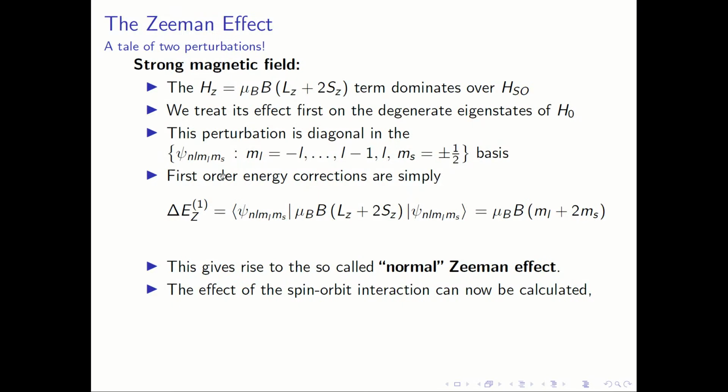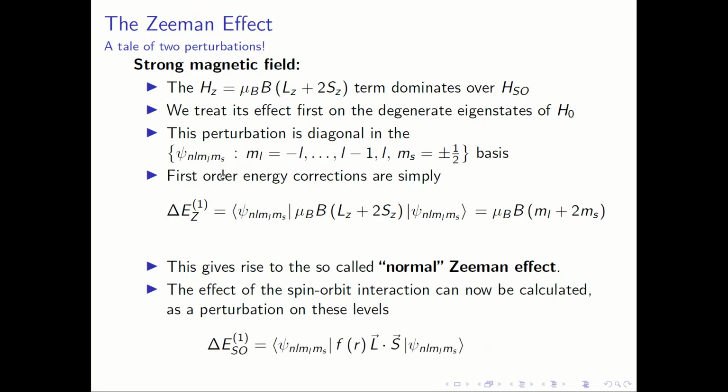You don't have a choice now any longer. And when you use these and non-degenerate perturbation theory, the first order energy correction due to the spin orbit term is also pretty easy to take into account. Okay. So this is a strong magnetic field effect, also sometimes called the normal Zeeman effect.